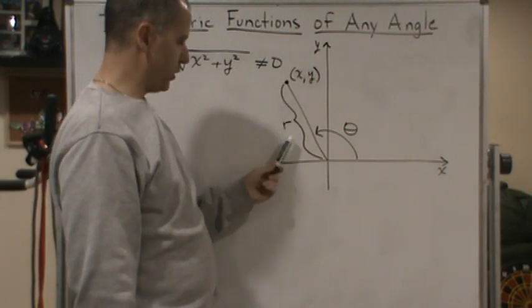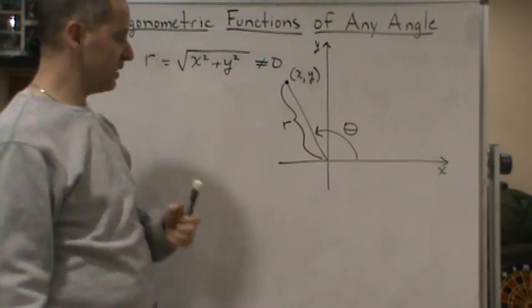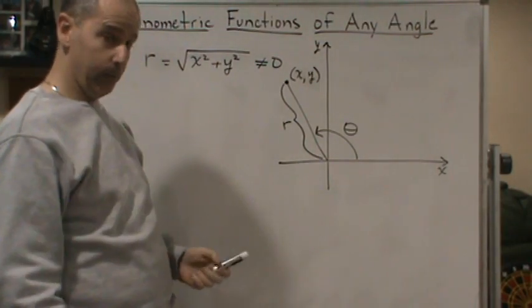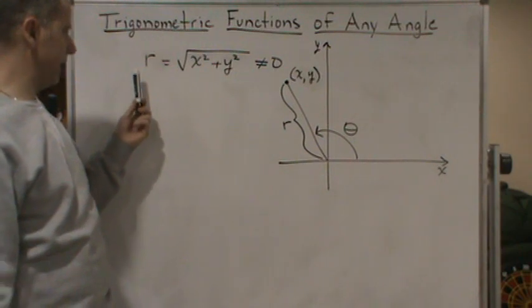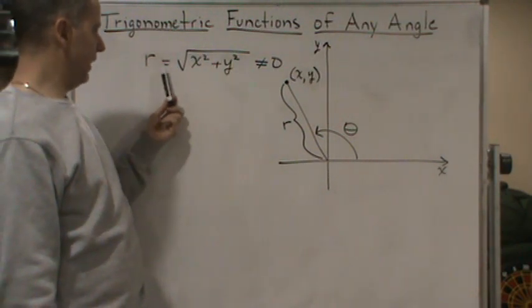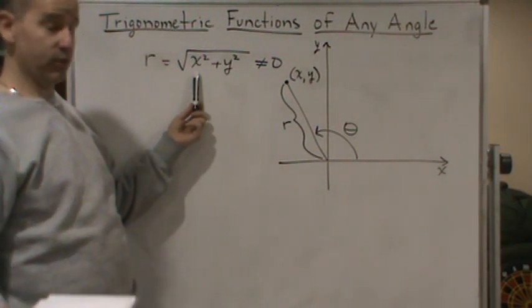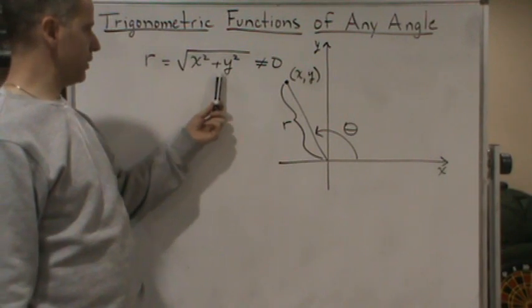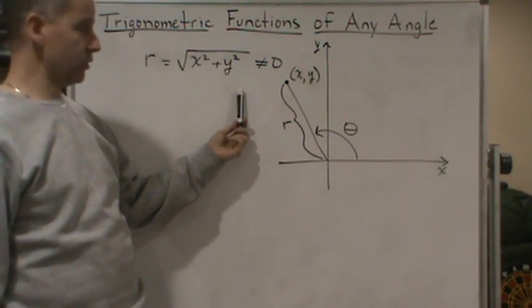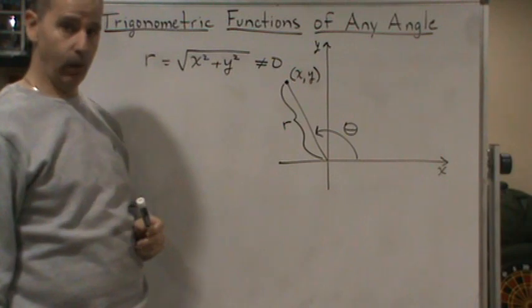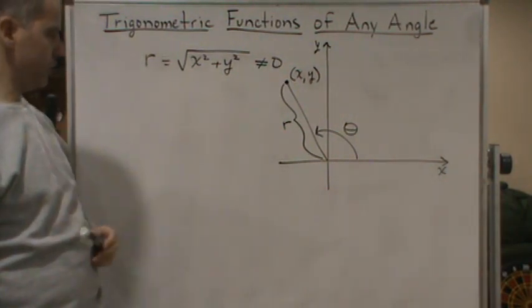The length of that line segment is going to be r. Using the distance formula, r is equal to the square root of x squared plus y squared, and r can't be equal to 0. So that's going to be one restriction.